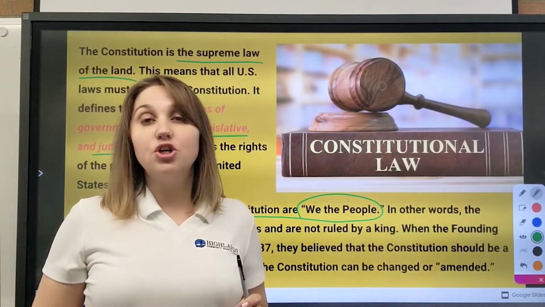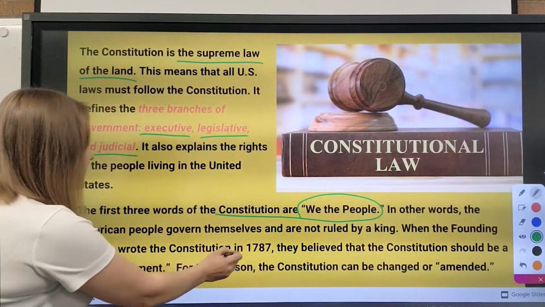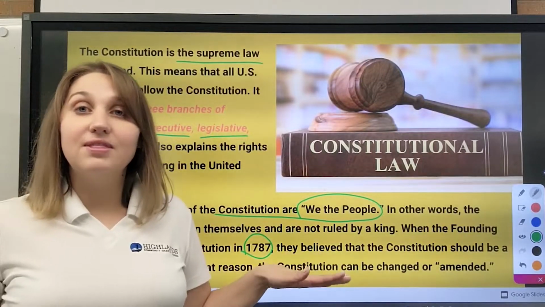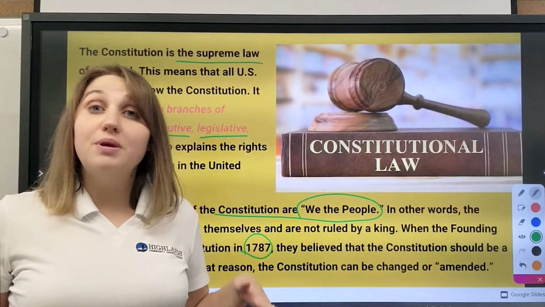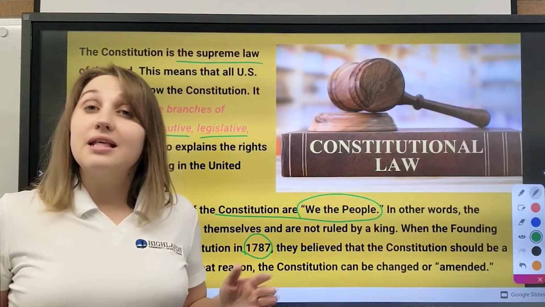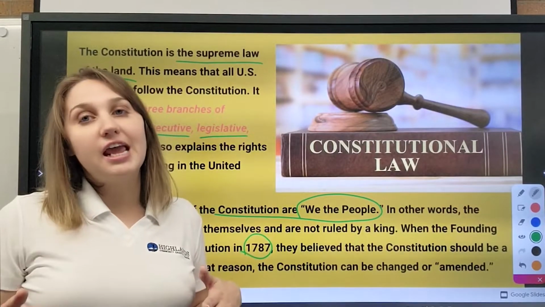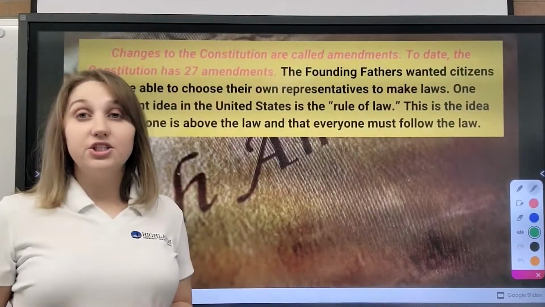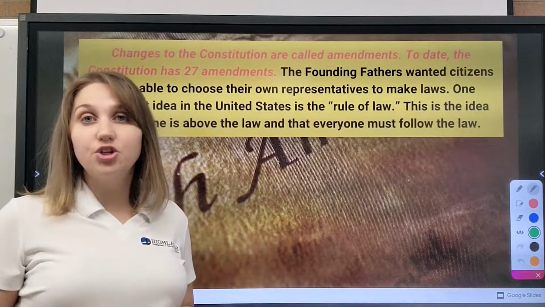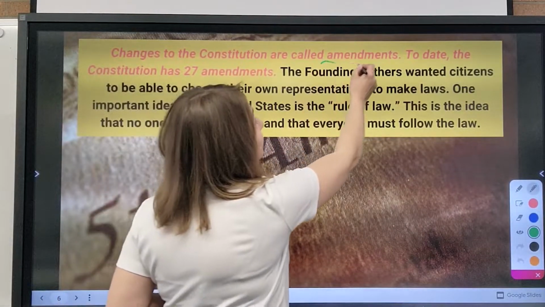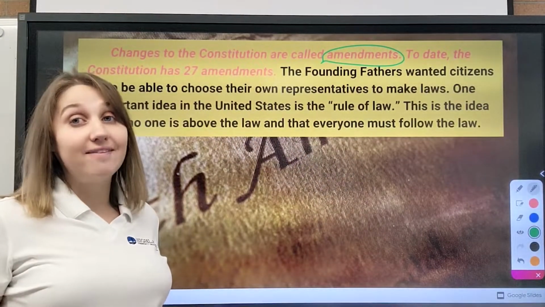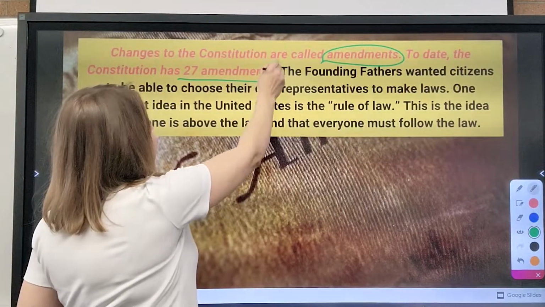The Constitution was written in 1787, and the founding fathers believed that the Constitution should be a living document. In other words, it could be changed or amended at any time. Changes to the Constitution are called amendments. And to date, there are 27 amendments.